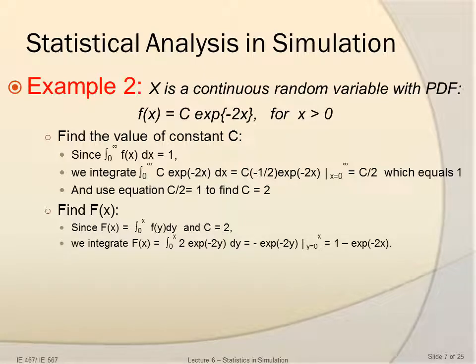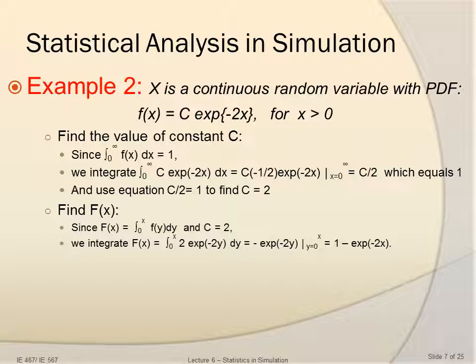So now, using this, we integrate again to find the distribution. So we integrate, plugging in the value of f of y, we simply replace the x with a y, and we replace c with a 2. And so we integrate from 0 to x, 2 times the natural exponent of minus 2y dy. And so we'll get this value, right, where we need to evaluate at y equals x and then at y equals 0.